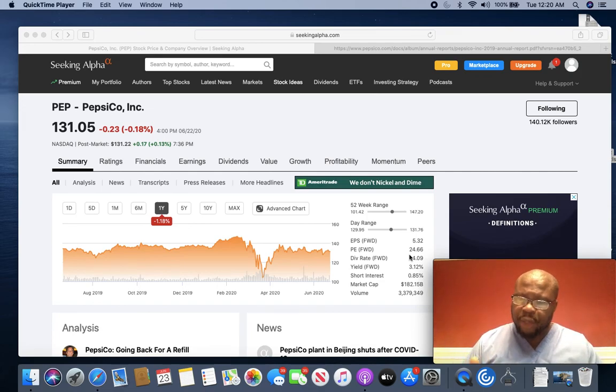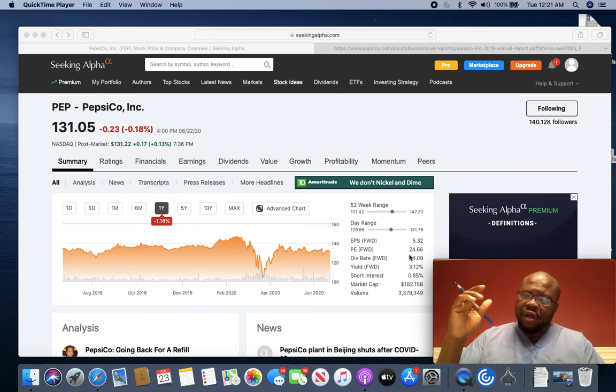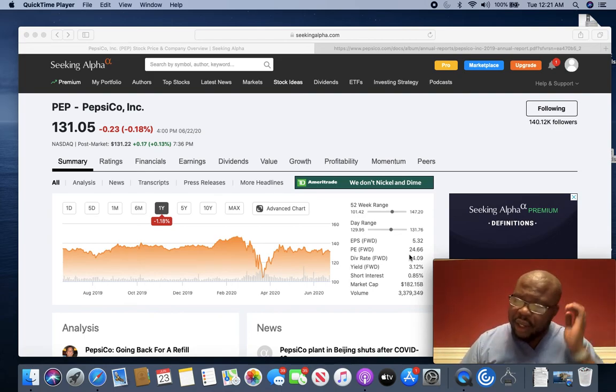Likewise, the PE ratio can fall if the earnings go up and the price stays the same, and the PE ratio can also go down if the price drops and the earnings stay the same. So you've got to be careful with that.